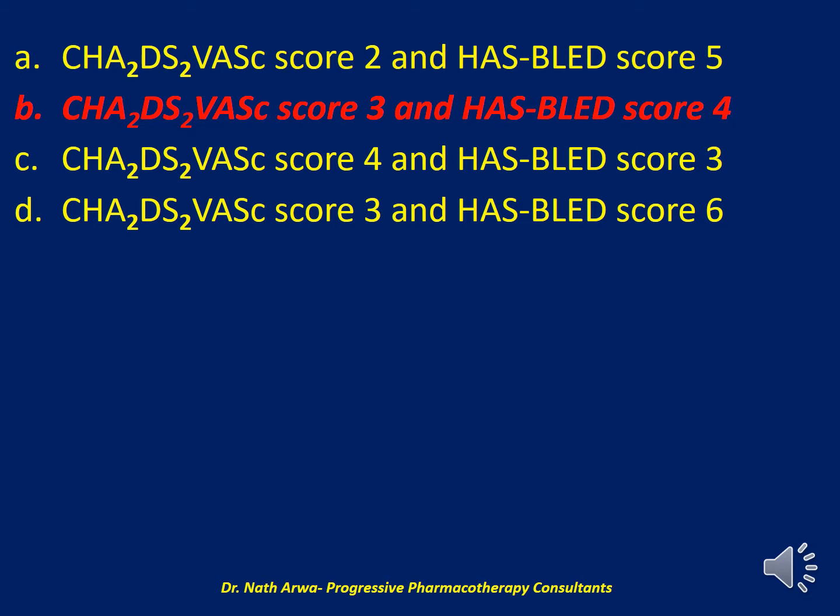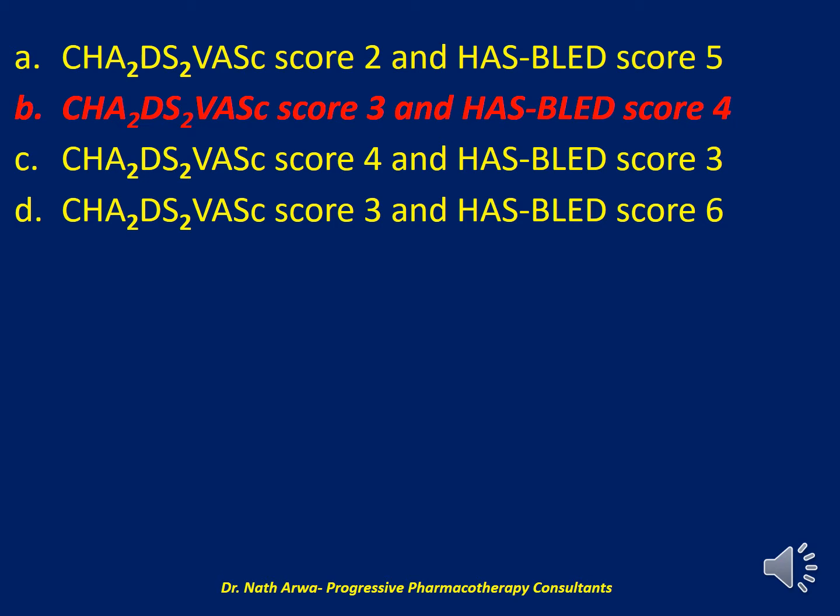JWW's risk for major bleeding based on the HAS-BLED score includes 1 point for labile INR based on a TTR of less than 60%. Remember, we were told it falls at 55%.